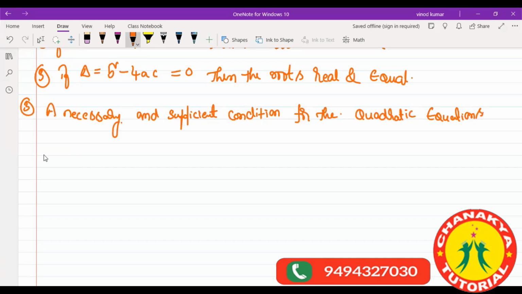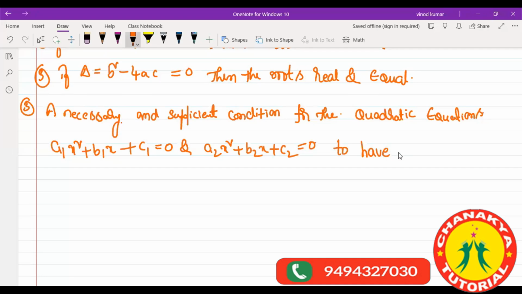Two equations are there: a1x square plus b1x plus c1 equal to 0 and a2x square plus b2x plus c2 equal to 0, to have a common root.